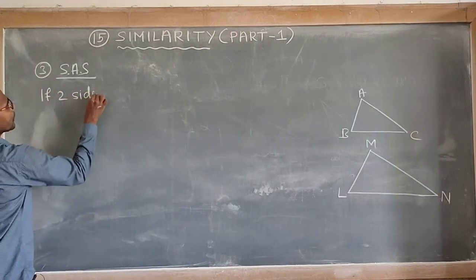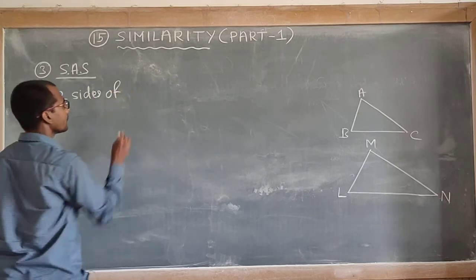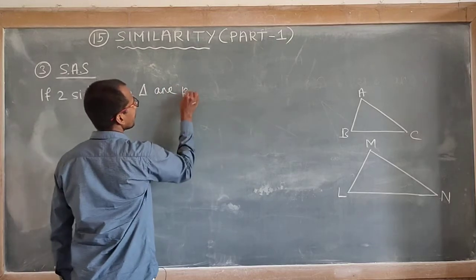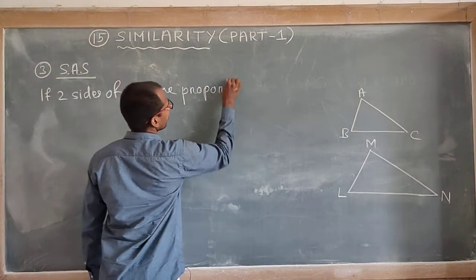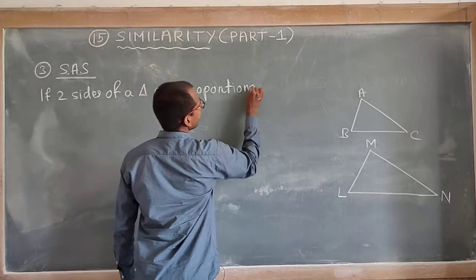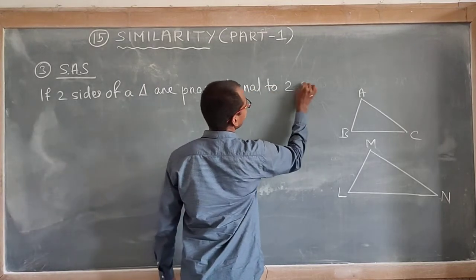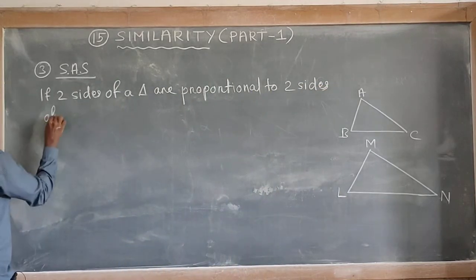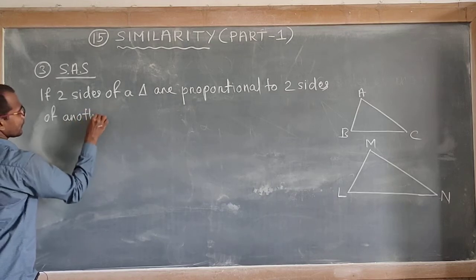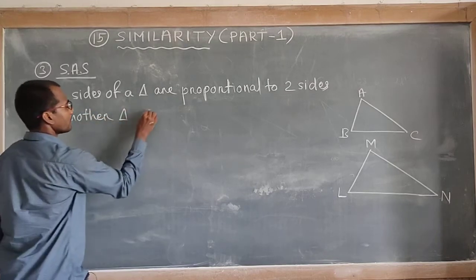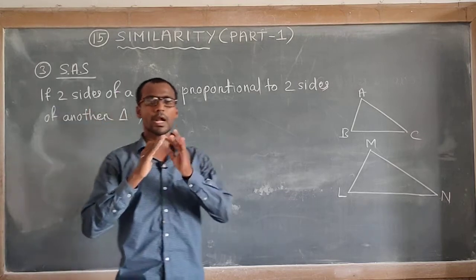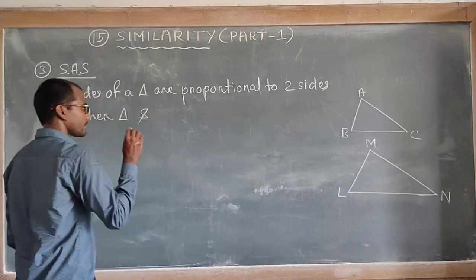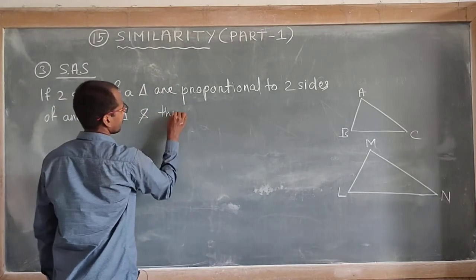If two sides of a triangle are proportional to two sides of another triangle and the included angle, means the angle between the two sides, they will be equal, angles can be equal.